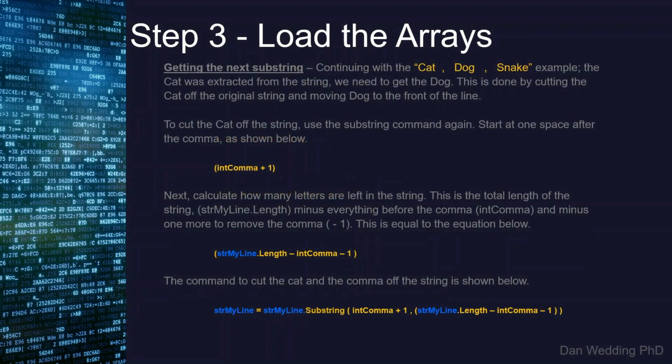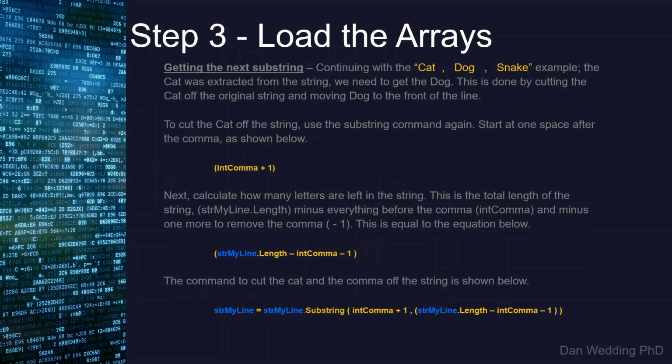Continuing with the cat, dog, snake example, the cat was extracted from the string, but we need to get the dog. This is done by cutting the cat off the original string and moving dog to the front of the line. To cut the cat off the string, use the substring command again. Start at 1 space after the comma, as shown below.